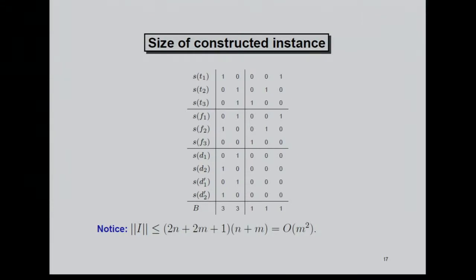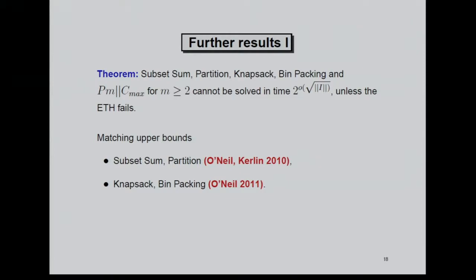That has the consequence that you can also prove you cannot solve the problem in 2 to the square root of the input size. And also, what's interesting, there are matching upper bounds, where you have a running time of 2 to big O of the size here, for subset sum and also for the knapsack problem. You can find this. That was surprising for us, that it also works.